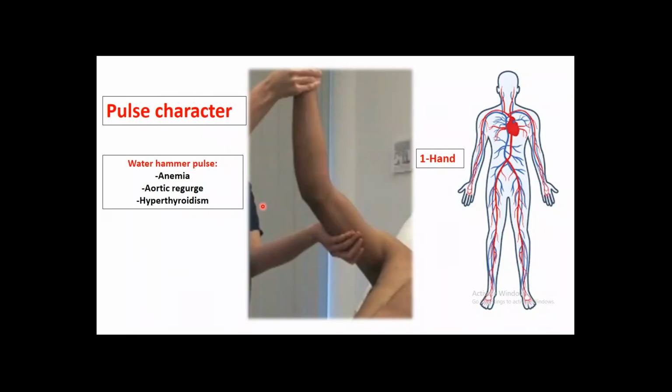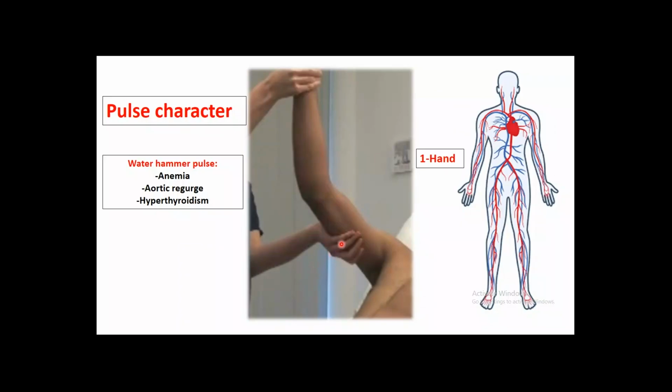Then assess what is called the pulse character. If we have a patient, we are thinking: is this pulse normal or large volume? Then we check for water hammer pulse by raising the arm of the patient, like in this picture, and trying to palpate the brachial pulsation.